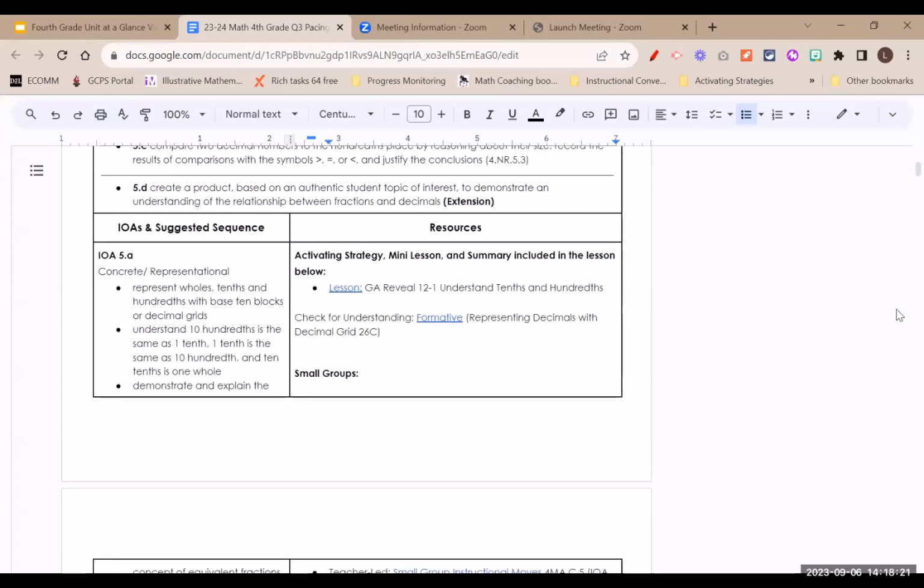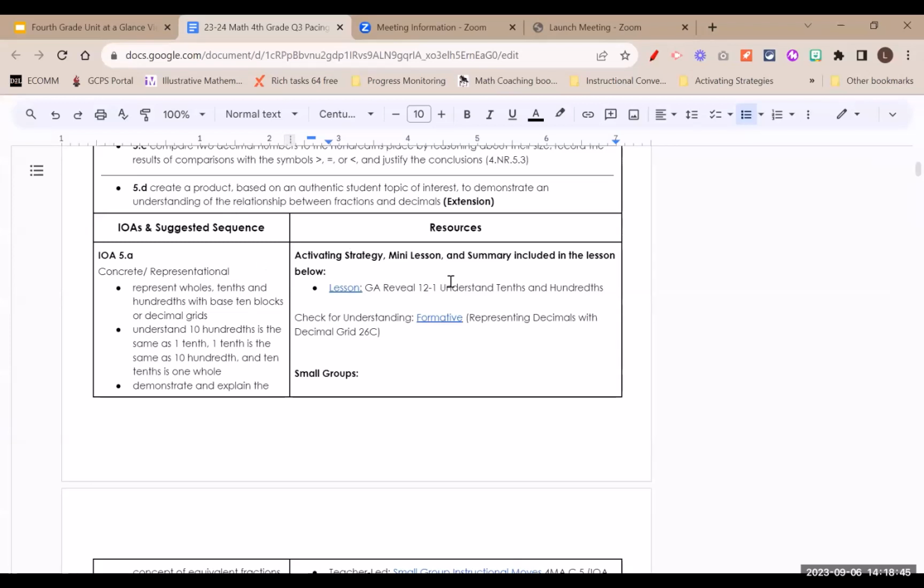The suggested instructional sequence is located on the left side of the pacing guide. The left column provides the learning progressions for the AKS and IOAs, showing whether it's concrete, representational, or abstract. The bulleted list states learning objectives within the IOAs, as well as any suggested manipulatives.